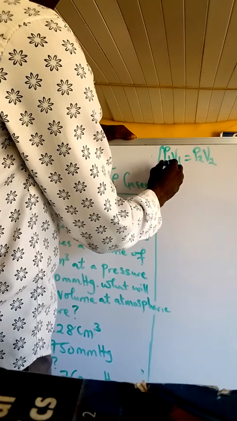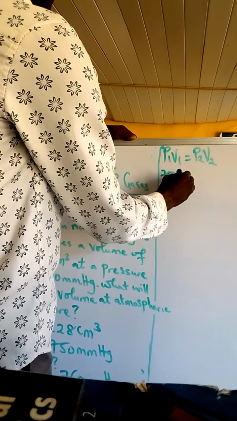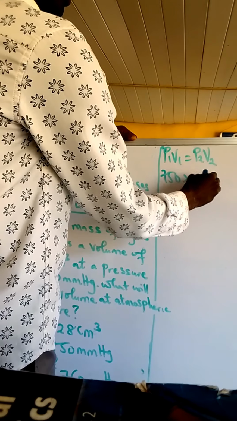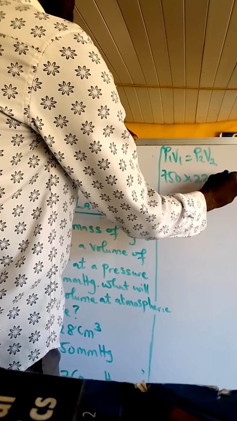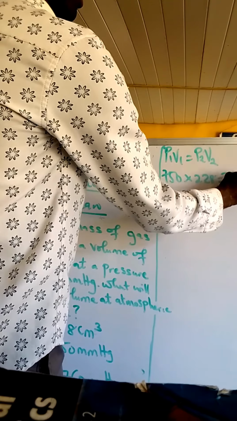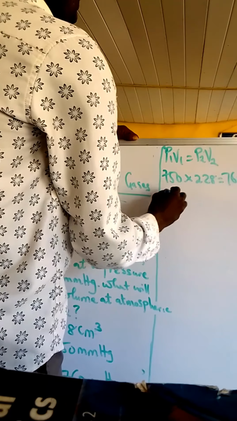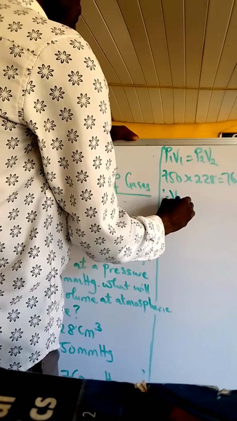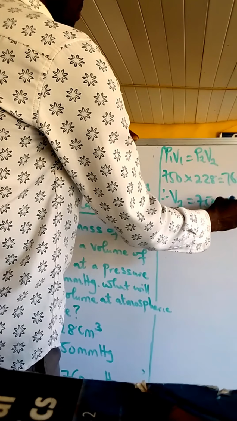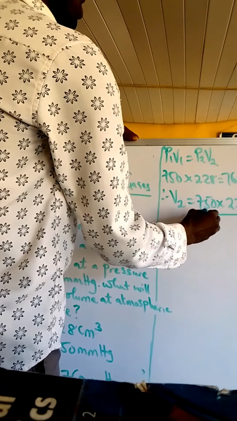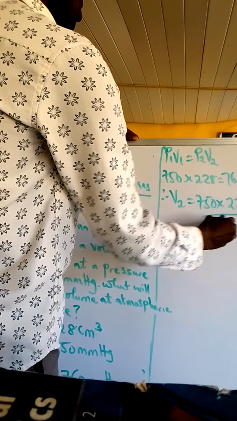Now our P1 times V1 is 750 times 228, equals our P2, which is 760, times V2. Therefore, our V2 here is 750 multiplied by 228 divided by 760.